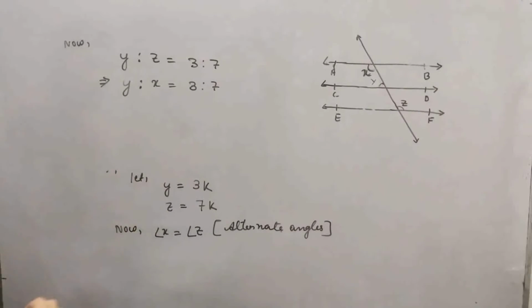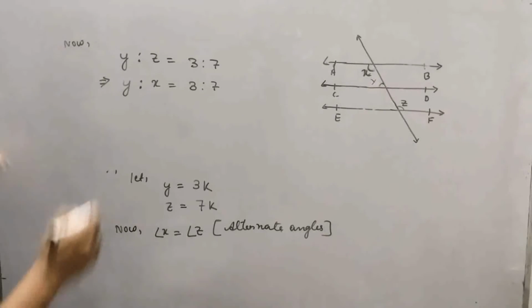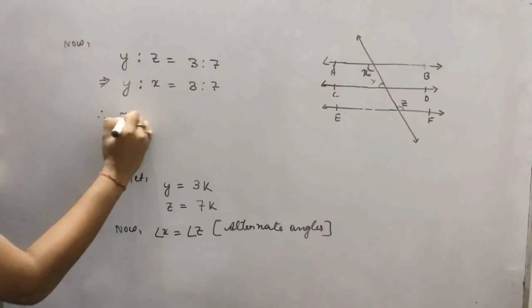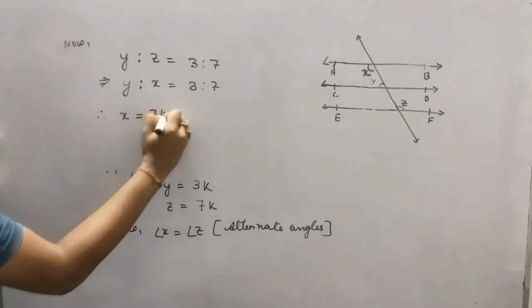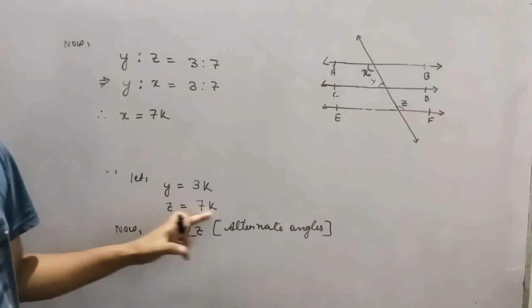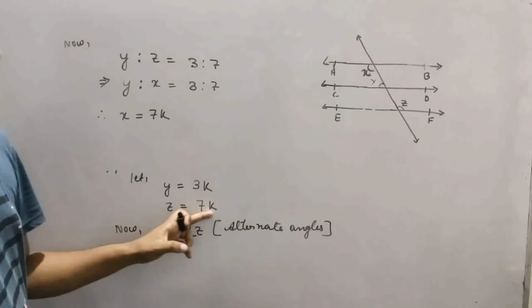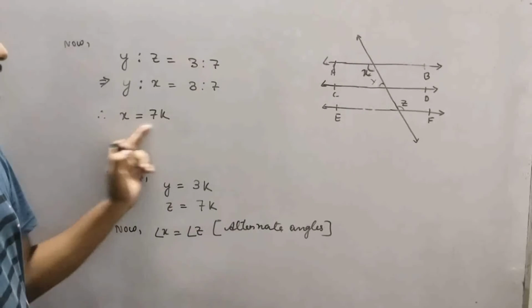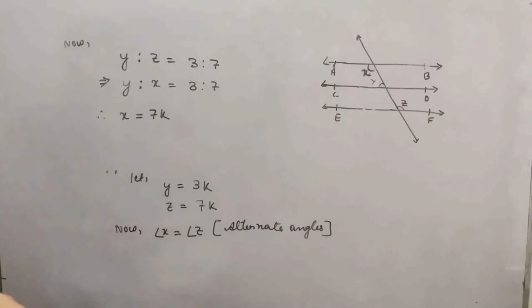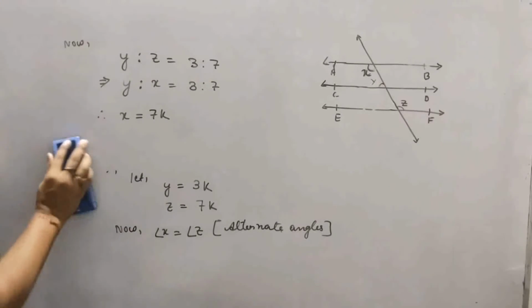That means if z is equal to 7k, then x will also be equal to 7k. See, our z was 7k, so I can write x is equal to 7k. Understood? X and z are equal. Okay, so now substitute.